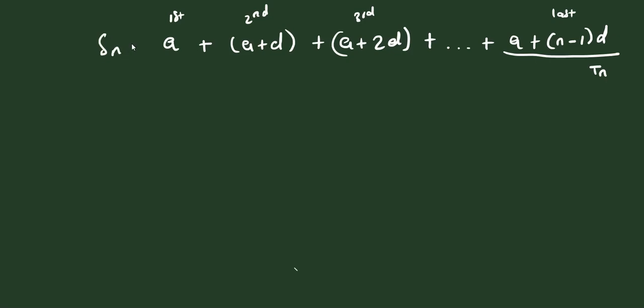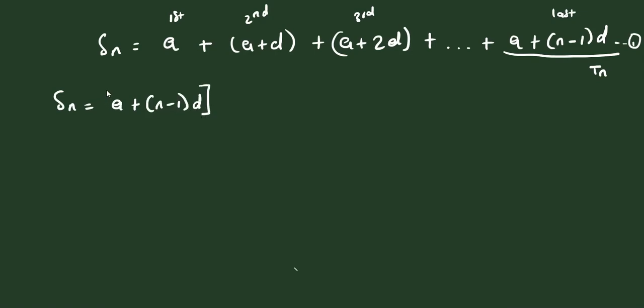Now we can call this equation 1. This is the sum of n terms, because there are n terms in this. Now we're going to do what we did in the previous one. We're going to reverse this, and when you reverse it, we'll have Sn is equal to, now we start with the last term. We're going to have a plus n minus 1 d.